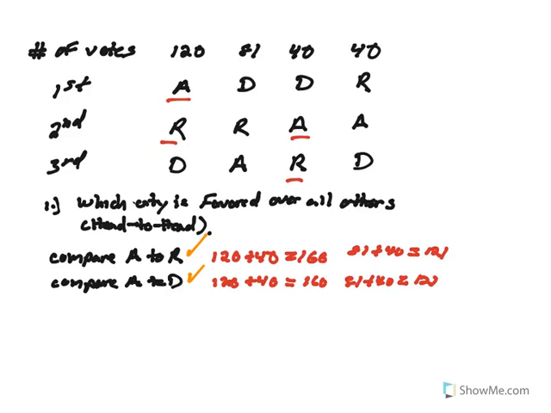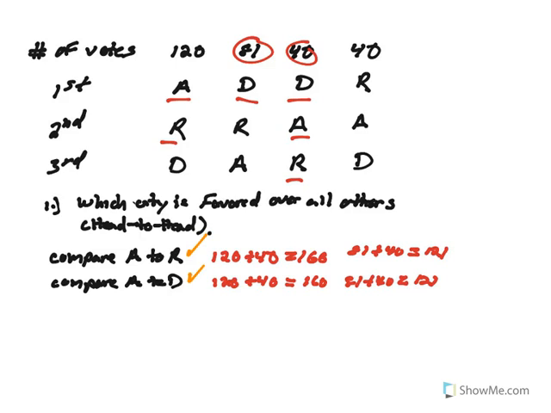City D receives 81 and 40, which gives you 121 votes. The city that receives the most first choice votes is the winner of the election by the plurality method. Therefore, city D wins. When you add 81 and 40, you get 121, and 121 is bigger than 120 and 40. So city D wins.